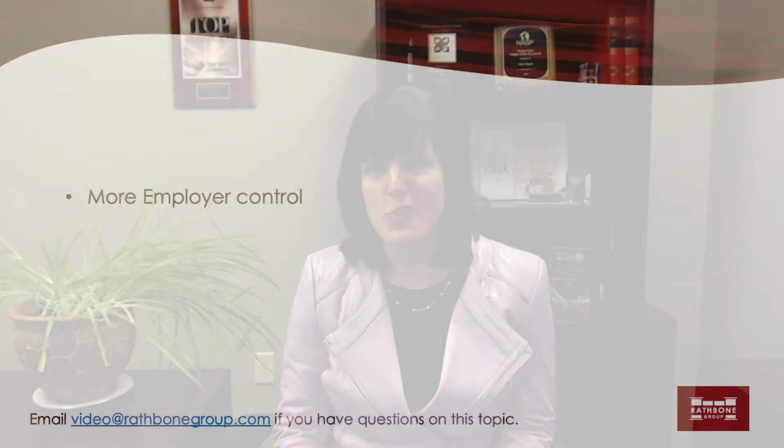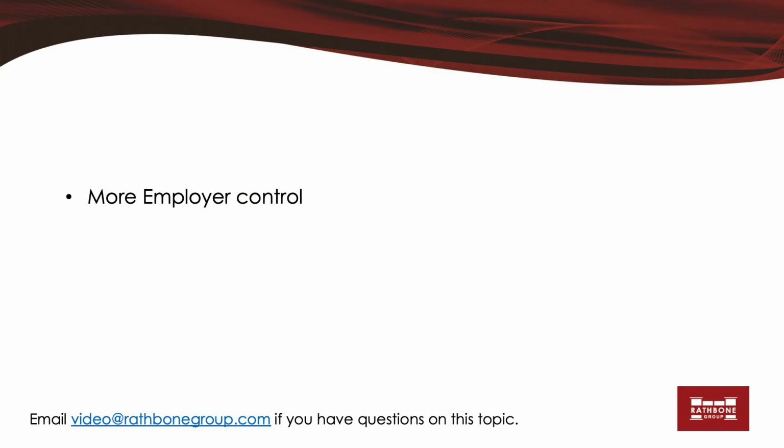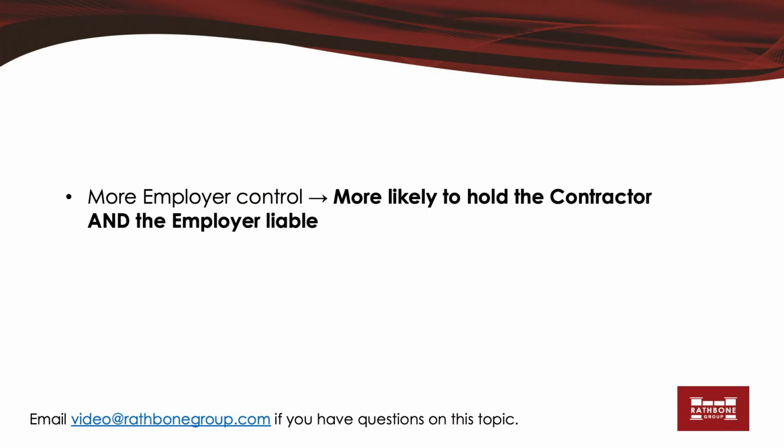And then when you put all the factors together, I imagine it to be like a tug of war. The closer that all the factors are to the employer's side, where they have more control over the rope, then the more likely it's going to be that you're going to be able to hold the employer liable.